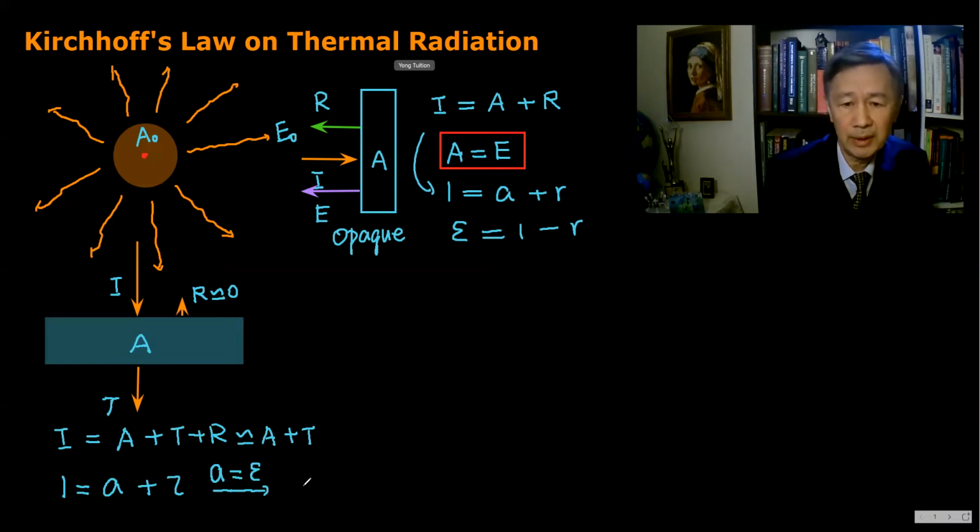Then we get epsilon equal to, or perhaps sometimes we are interested in the transmission function, or transmittance. There are many names, but we just use coefficient for the time being. So the coefficient of transmission can be simply written as 1 minus epsilon, where epsilon is the coefficient of emission.